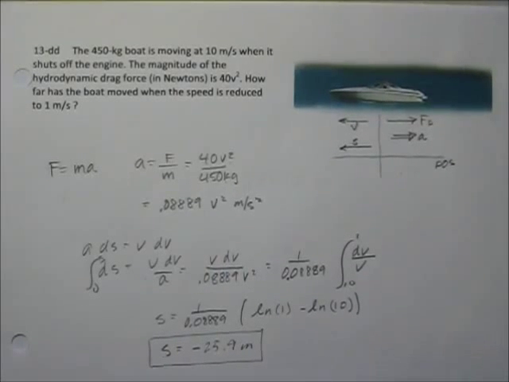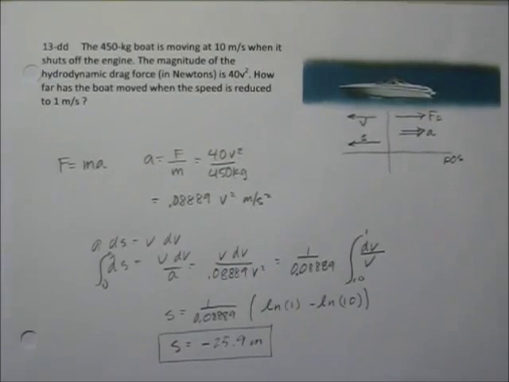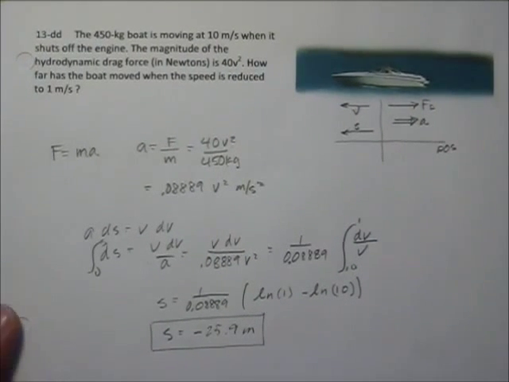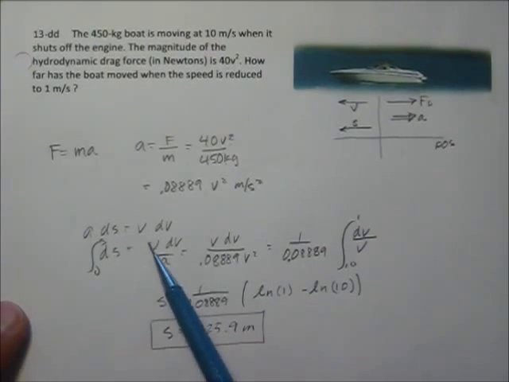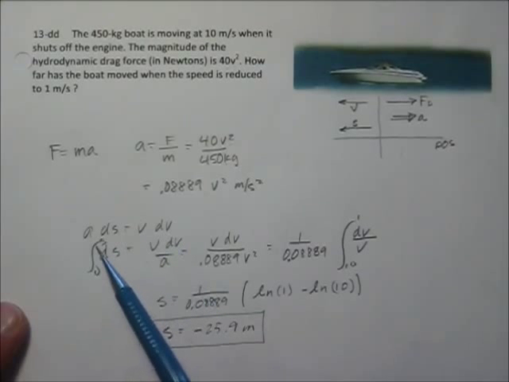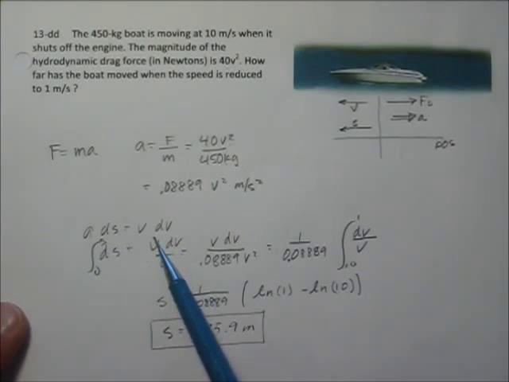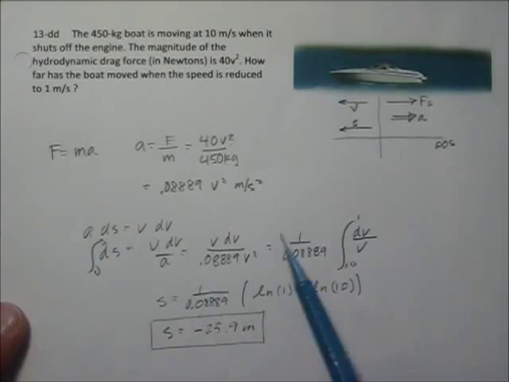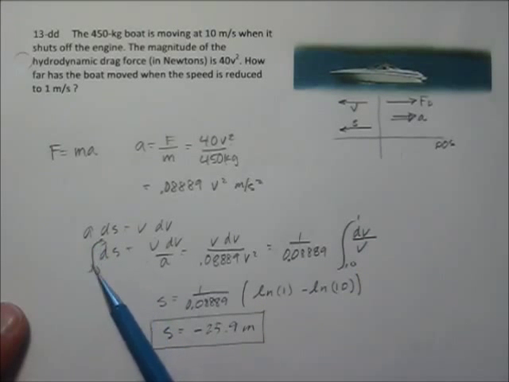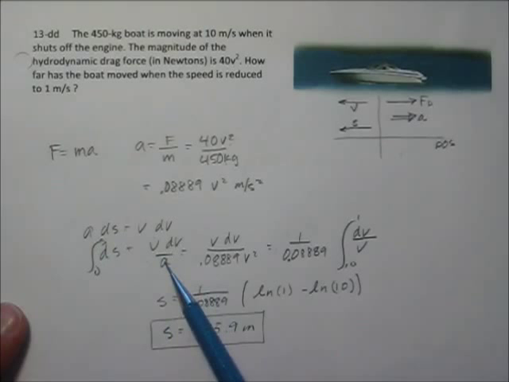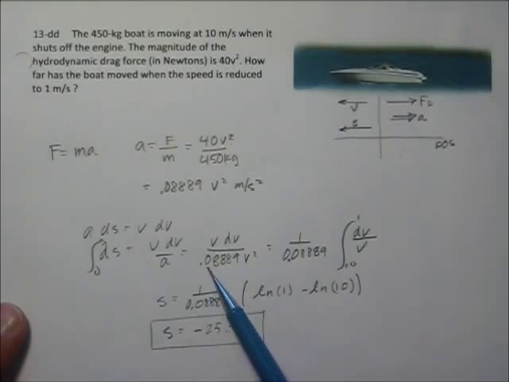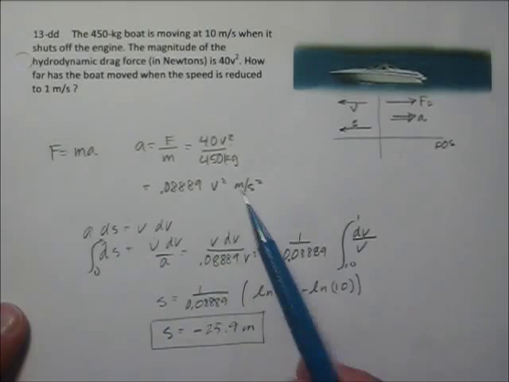To define the distance that it moves, we refer back to some of our chapter 12 stuff, and we can say that a ds is equal to v dv. We bring the a over to the other side, and we do the integral of both sides. The integral of ds is equal to v dv over that expression for acceleration.